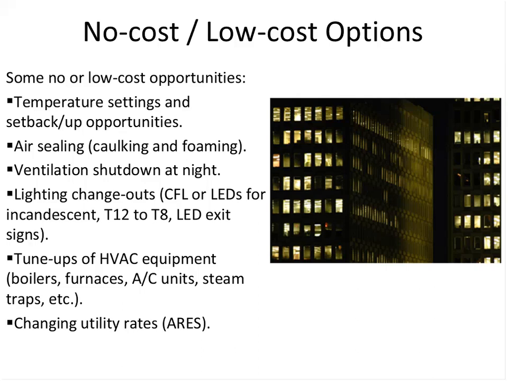And certainly any T12s, the 1.5-inch fluorescent lamps, need to be converted to either T8 or T5s. Difference between a T8 and a T5: the T5 tends to be a fairly bright source, and normally it's used as an indirect lighting fixture. And we tend to recommend T8s over T5s, even in high bay applications.